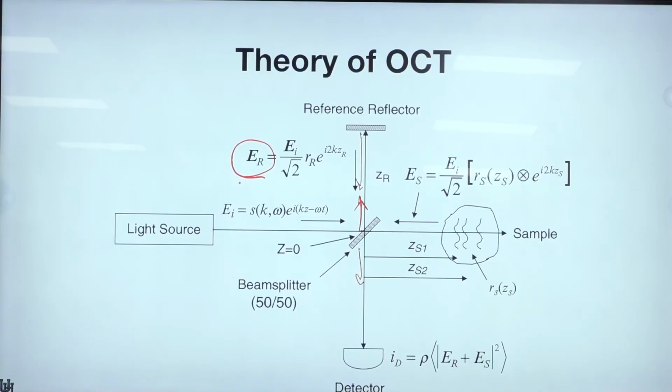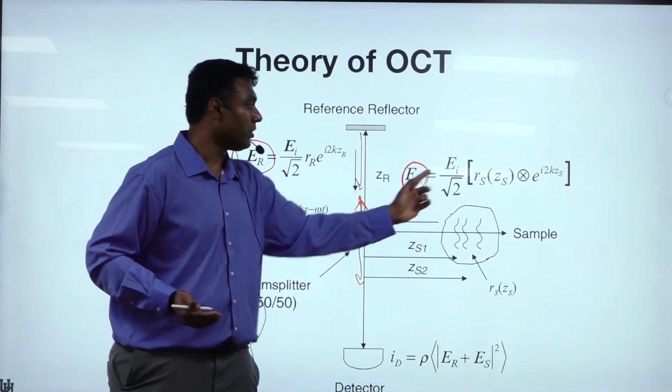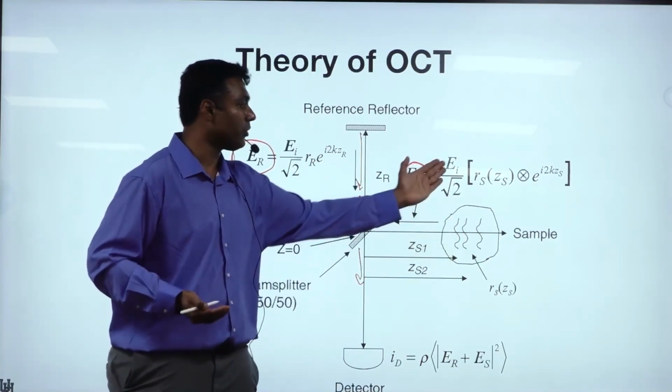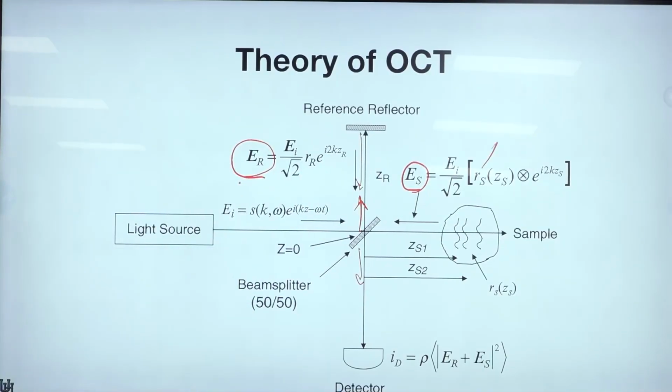So this E_S, the field from the sample, is given by whatever is incident on it, times the reflection from the first layer plus the reflection from the second layer, and so on. So if z_S1 is the distance to the first layer, z_S2 is the distance to the second layer, and so on.